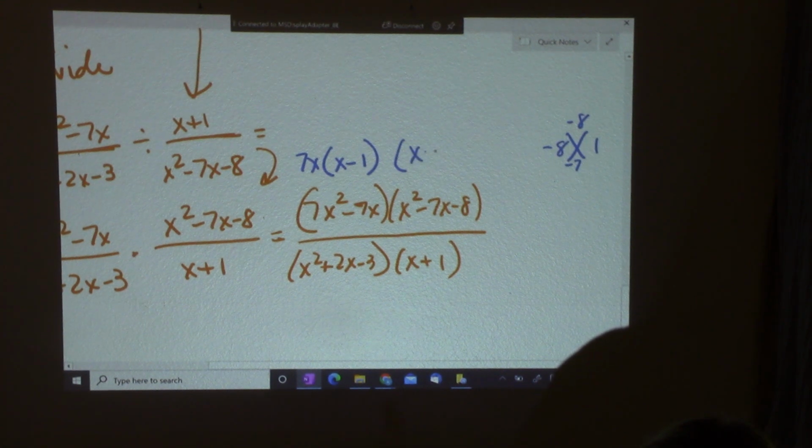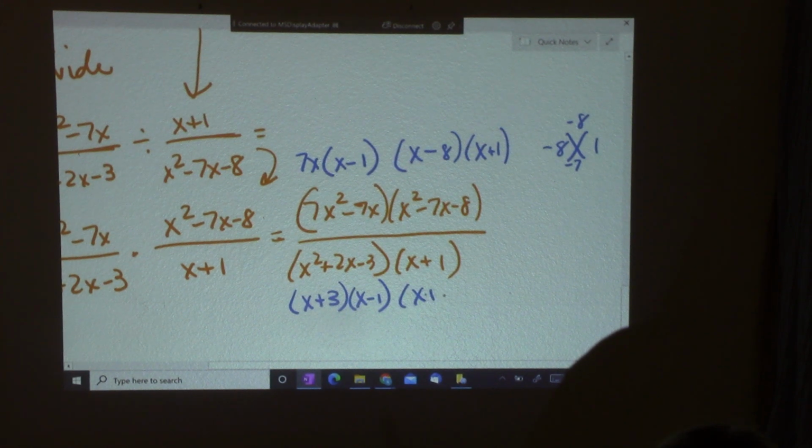So I've got x minus 8 and x plus 1, positive 1. Okay, and then down here, I'm going to use magic x, and I get x plus 3 times x minus 1. And then I can't do anything with x plus 1, so I'm just going to put it down here.